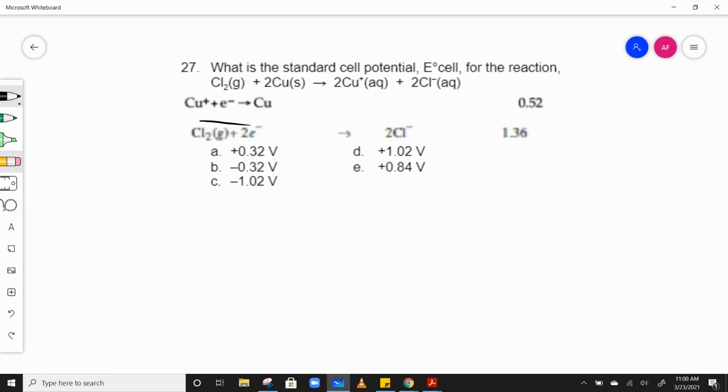But same thing, what's the standard cell potential for this? This one's really simple, trying to find the cell potential. So you've got to flip this one, and that becomes negative.